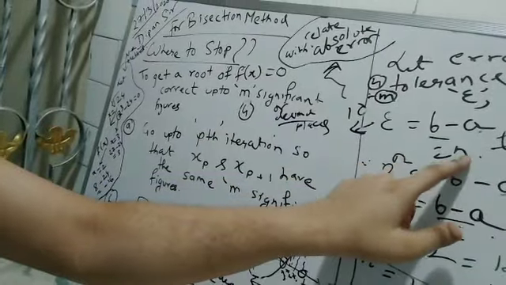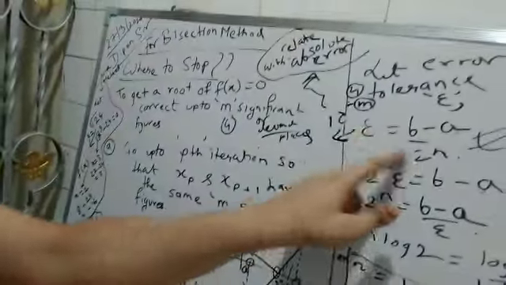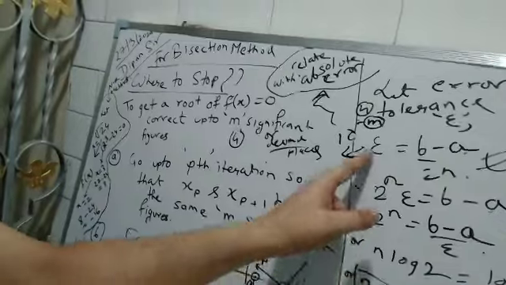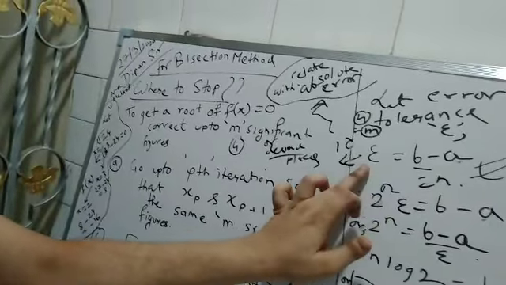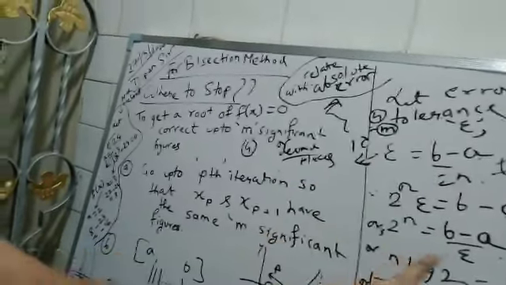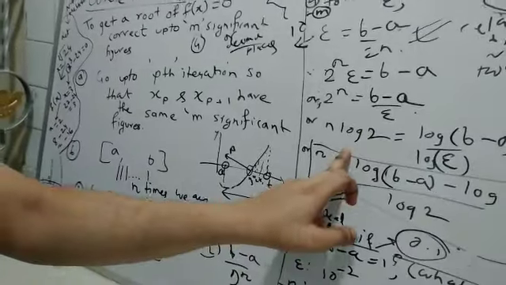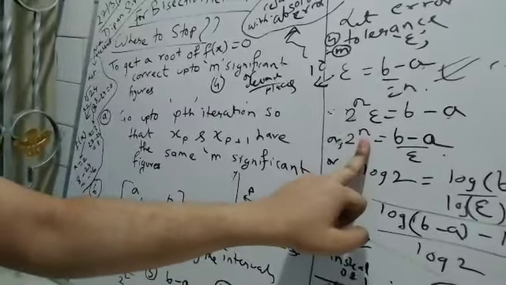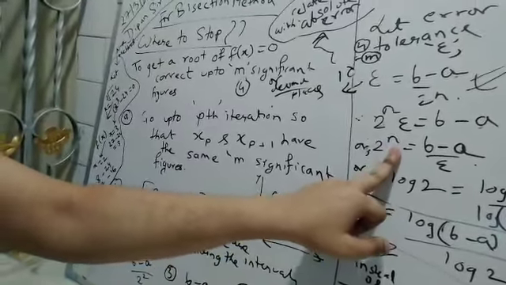Then how long do you need to proceed? See, if this is my nth iteration step, and I put this here and keep this one as it is, then if I take the log to get an expression for n, I will get this much.